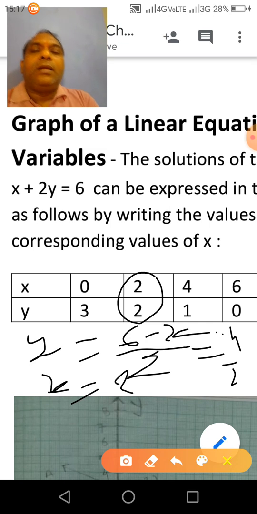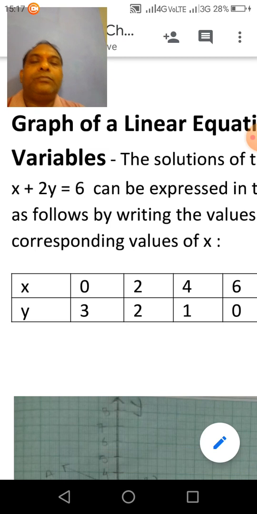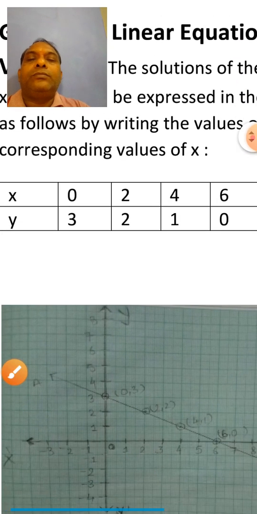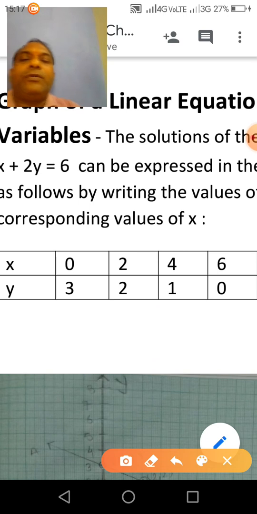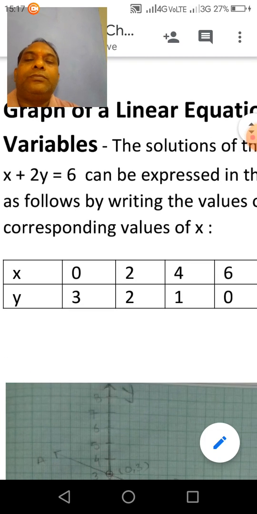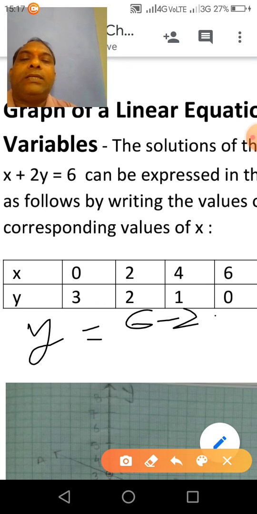Clear? Now put x is equal to 4. So here y is equal to 6 minus x upon 2.